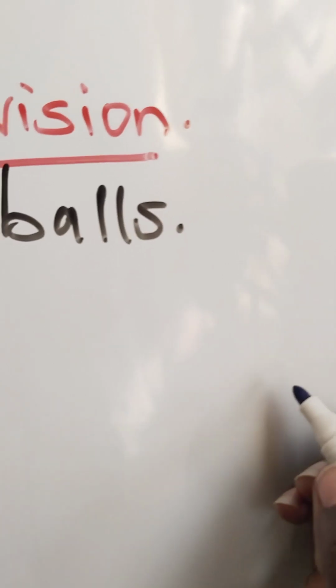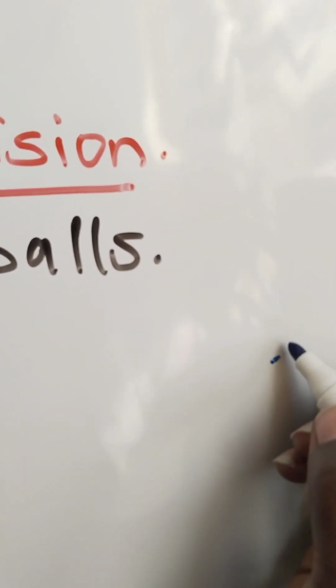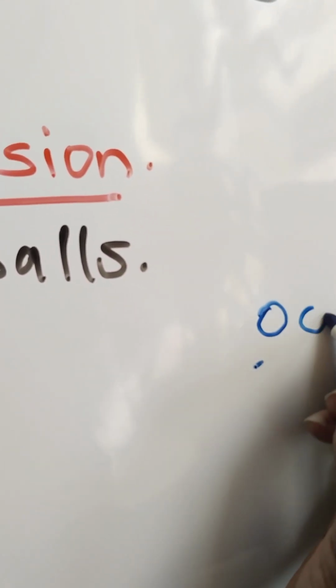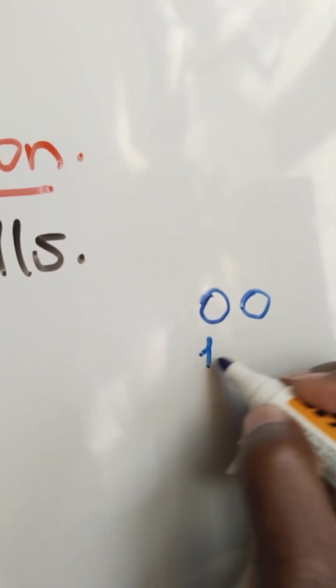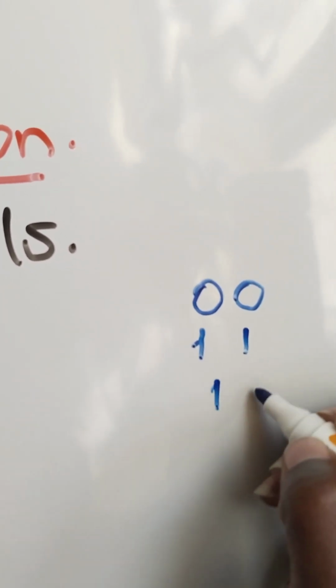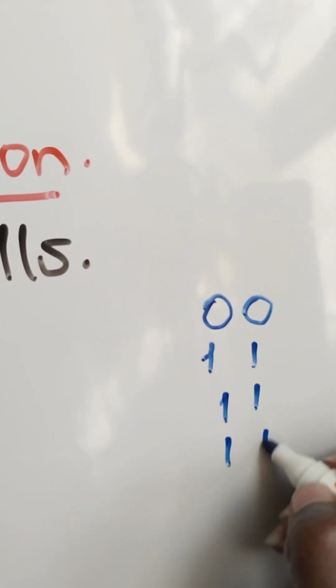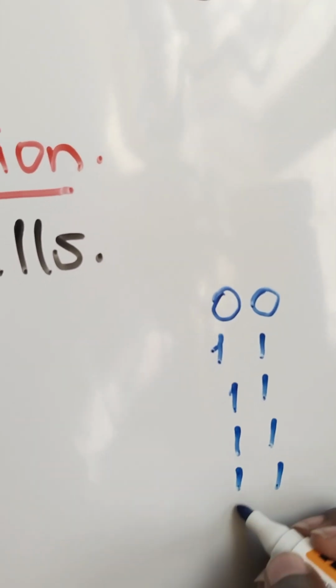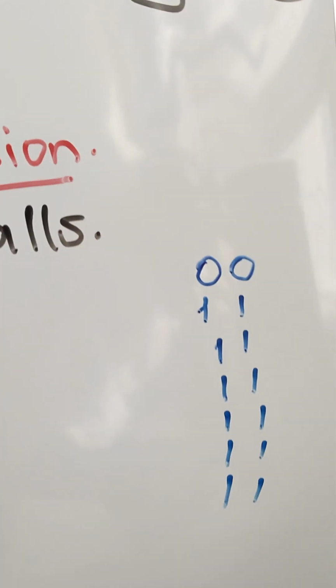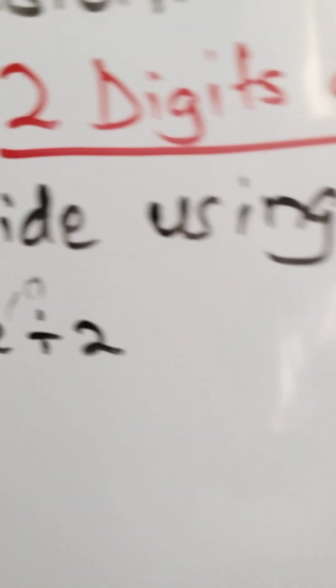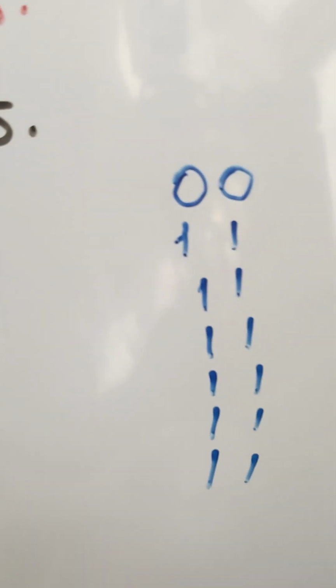Okay, so I'm on the other side. I'll draw 2 balls, because they have told us to divide 12 by 2. So we start 1, 2, 3, 4, 5, 6, 7, 8, 9, 10, 11, 12. We have finished, they told us to divide by 2, so we have done it.